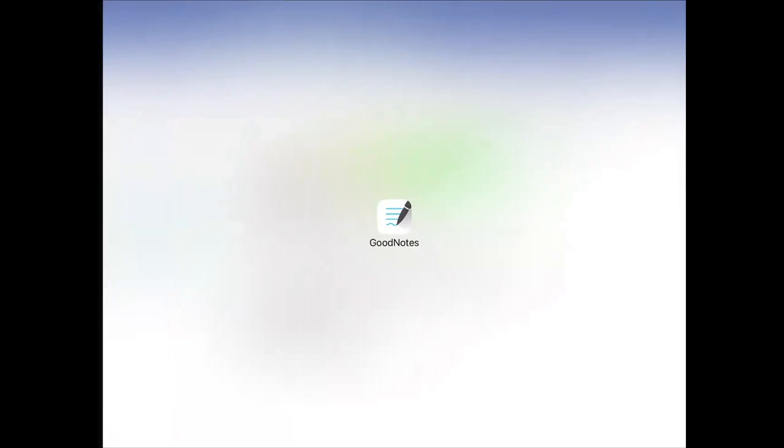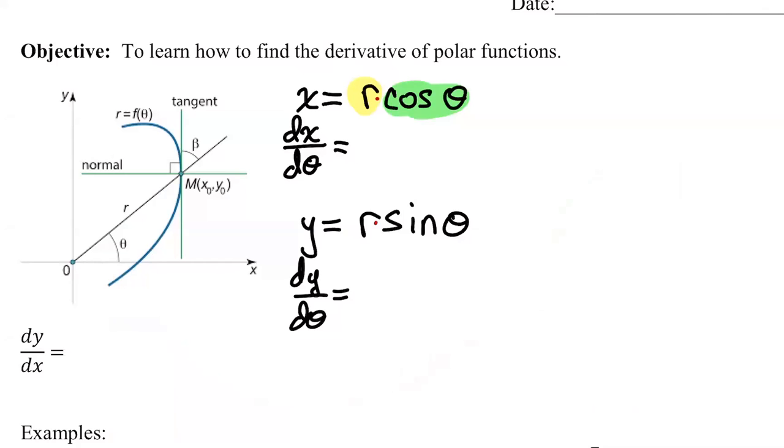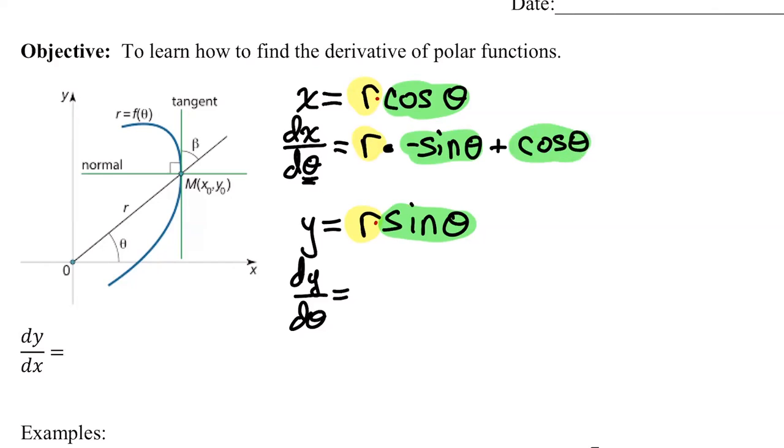I don't need the calculator anymore, so we get rid of that. So first and second functions, and then we'll apply the product rule. The first function, r, times the derivative of the second. Since I'm differentiating with respect to theta, it's simply the derivative of cosine theta, negative sine theta. Plus the second function, cosine theta, times the derivative of the first function.